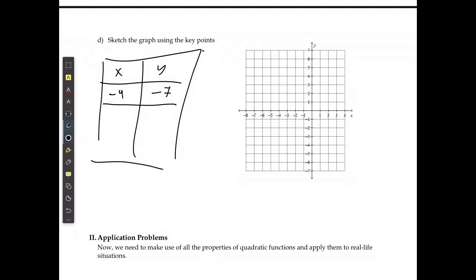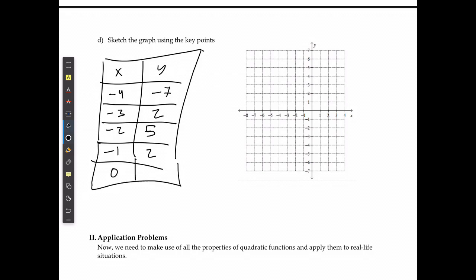I have the point of negative 3 and 2. Negative 2 and negative 5. Oh, sorry, and positive 5. Negative 1 and 2, and 0 and negative 7.